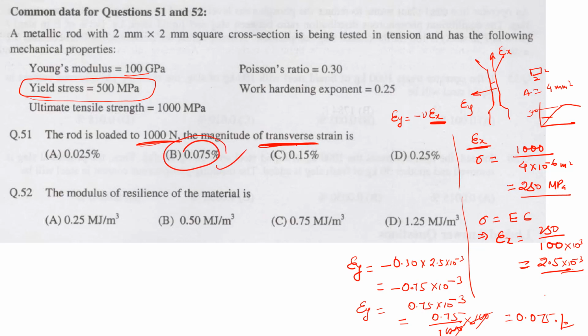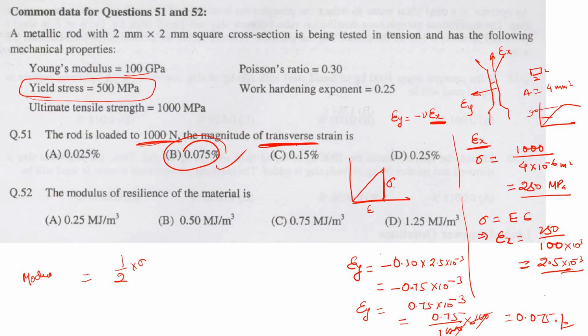Now next is the modulus of resilience of the material. Modulus of resilience is nothing but half into the stress into the strain value, right? Up to that point the elongation should be there, right?